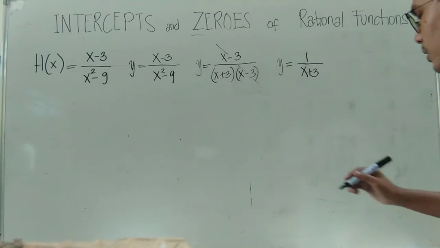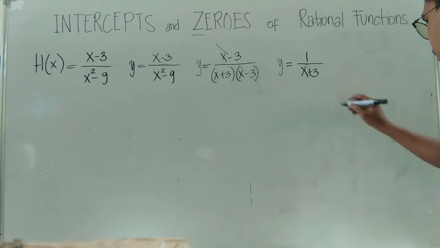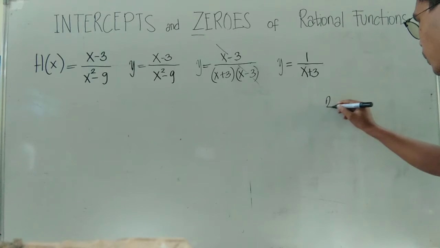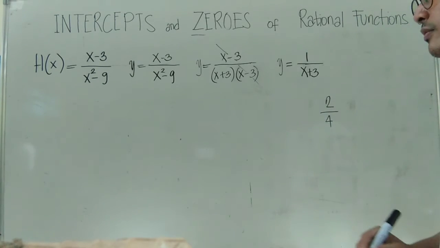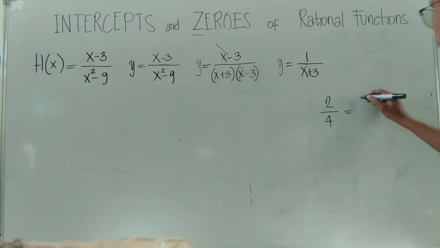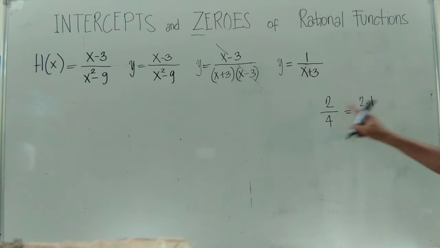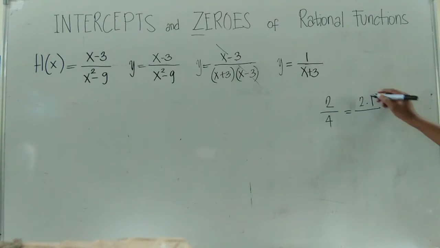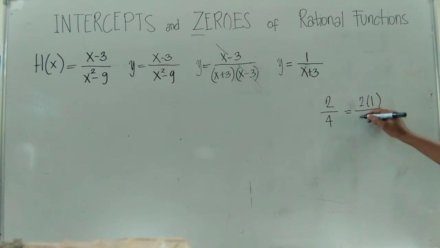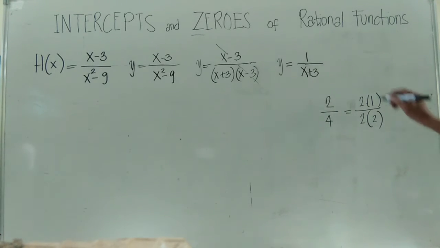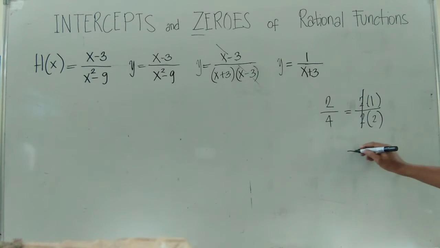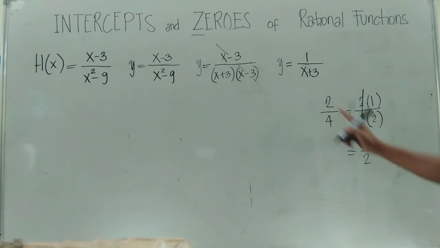I will give you an example. Say you have 2 over 4. In factored form, the factor of 2 is 2 times 1, and the factor of 4 is 2 times 2. So what is the common? Common is 2. Then we have 1 half as a simplified form of 2 over 4.